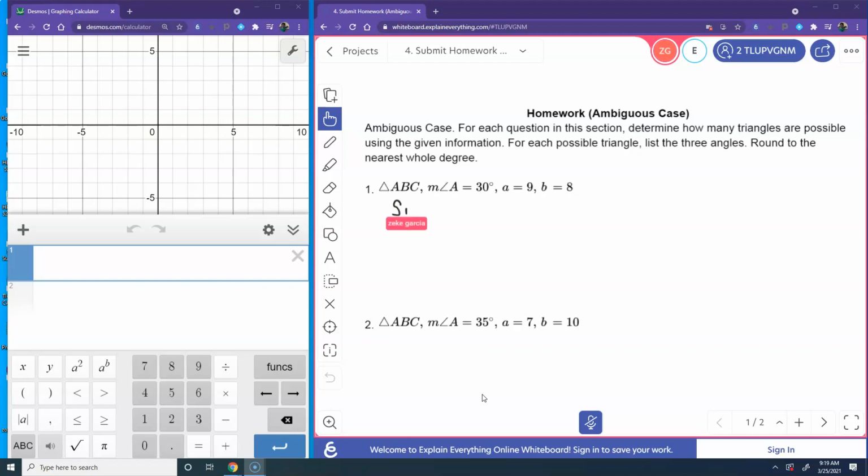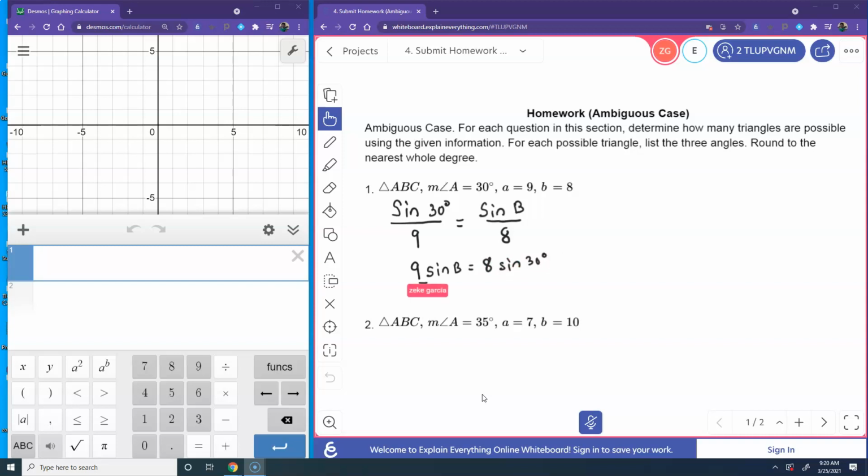So we have sine of 30 degrees is to 9 is equal to sine of angle B, which we don't know, over 8. Remember that the next step is to cross multiply. So we have 9 sine B is equal to 8 times the sine of 30 degrees.